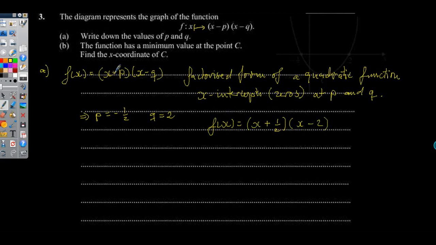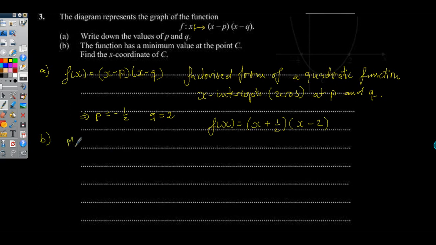It becomes plus a half because p is minus a half. So if you have a plus here, you know that there's an x-intercept at the negative of this value. And if we have a minus 2 here, we know there's an x-intercept at positive 2. Because that's what's going to make either of the two brackets 0. So we've answered question A, now to B.